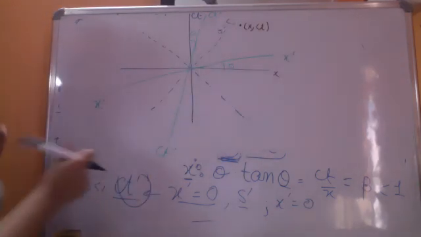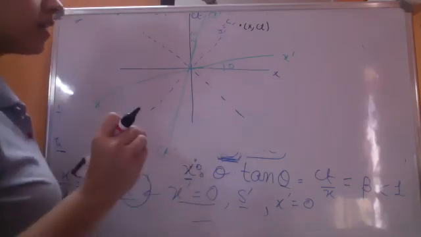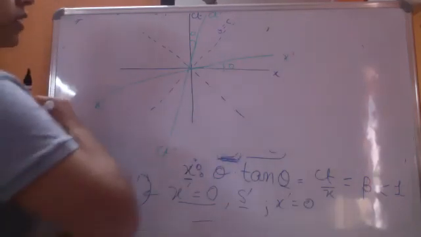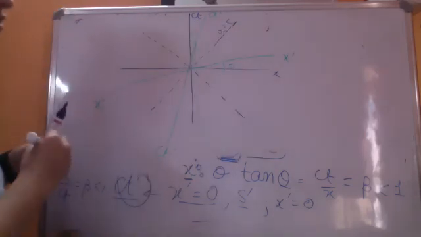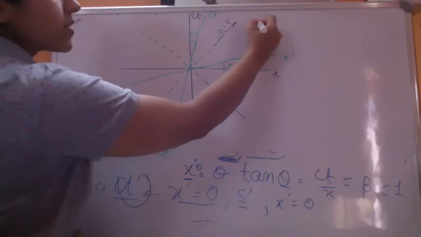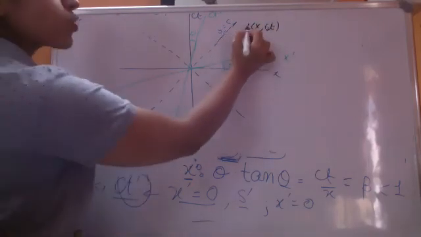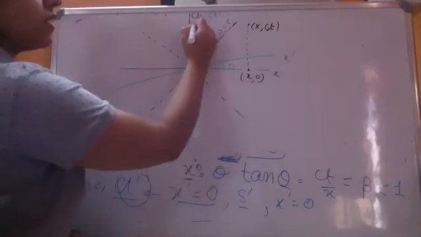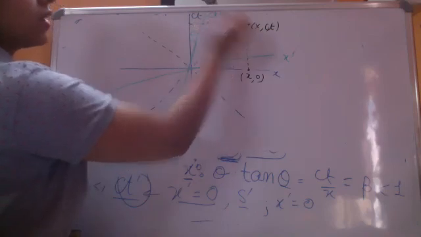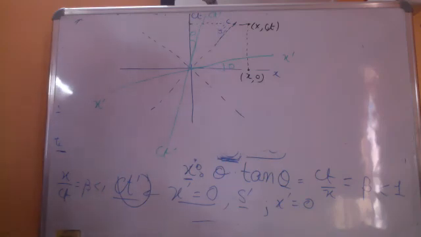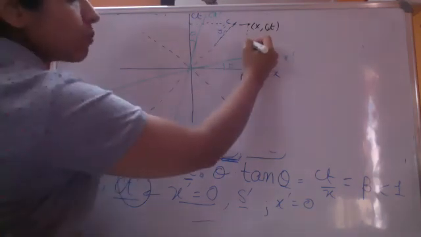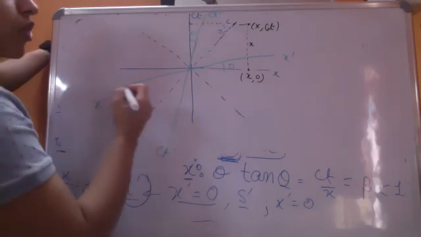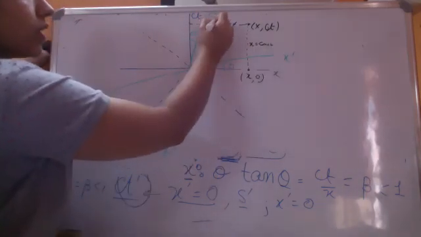Now, if I was to go back and represent a world point x, CT, you have to think that this is truly a world point, an event in my frame of reference. Here, some x, CT. Then what are its coordinates? Its coordinates are given by drawing lines parallel to x. So this was a line which would mean a constant x, and this would be a line which would imply a constant CT.